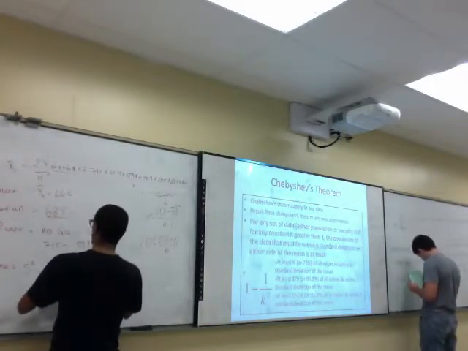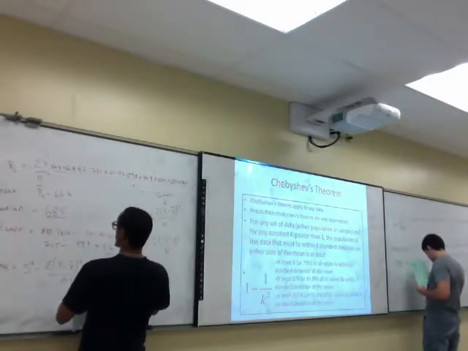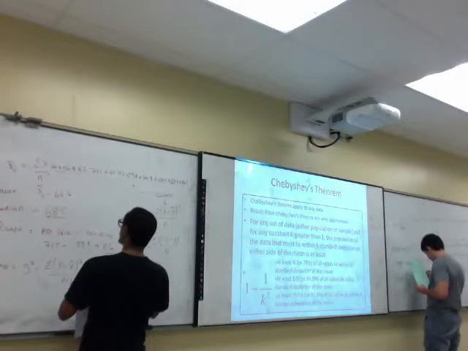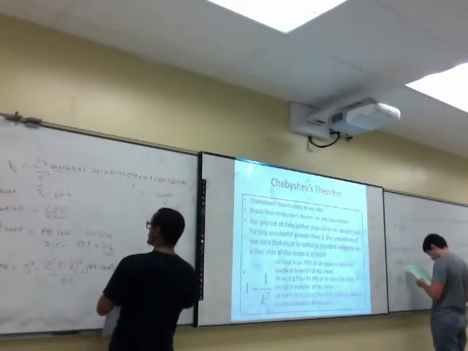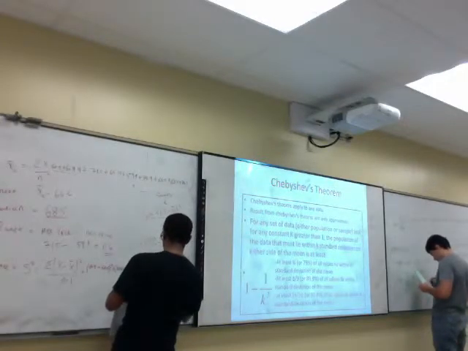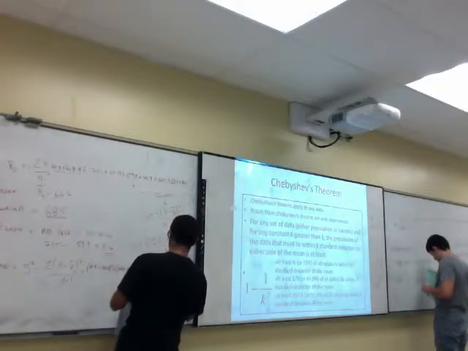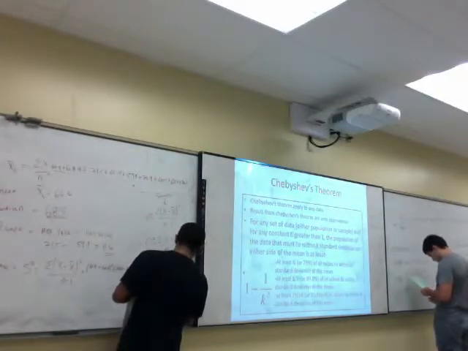60.9 minus 66.6 squared plus, then I'll take the second one, 69.4 minus 66.6 squared plus, the next one is 71.5 minus 66.6 squared plus 65.4 minus 66.6 squared plus 70.9 minus 66.6 squared.